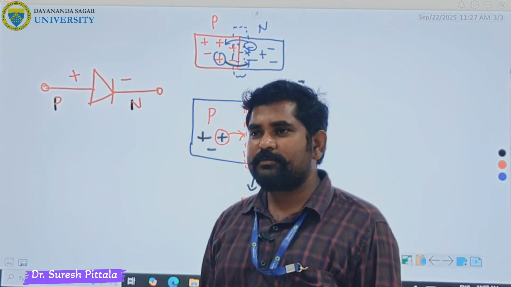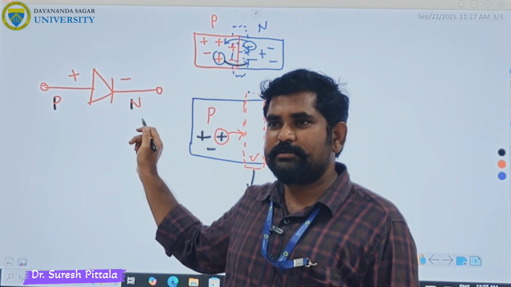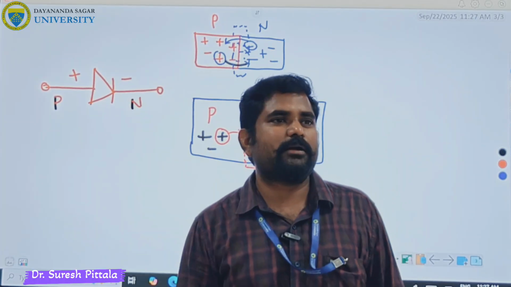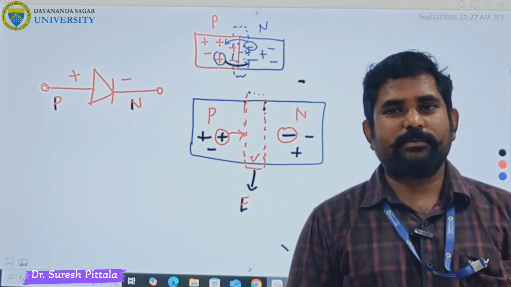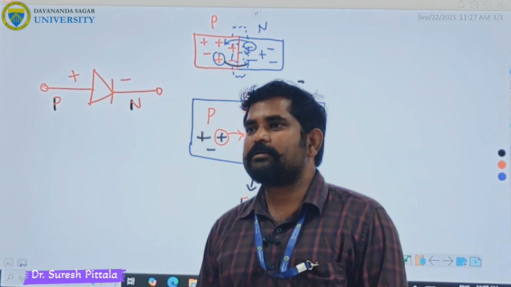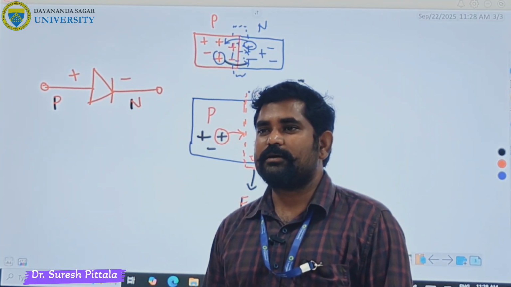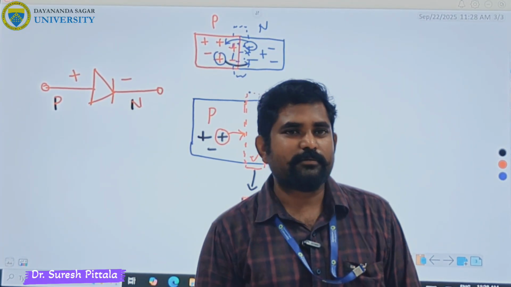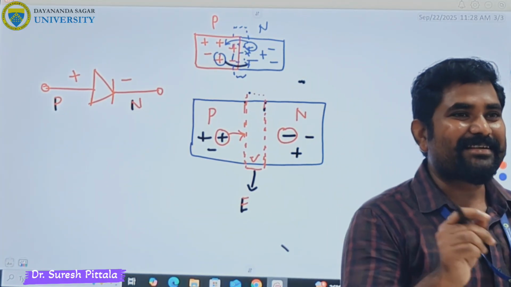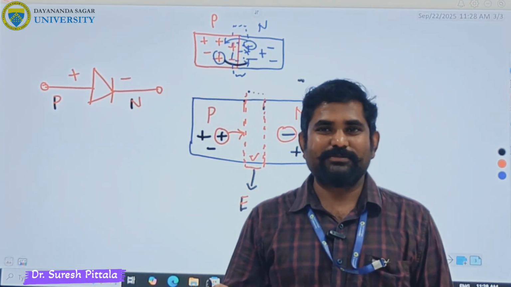Which is cathode? P is cathode. N, how? Which can be called cathode? Cathode is something that will attract cations. Cation, anion. Is a cation positive or negative? Cation is positive.